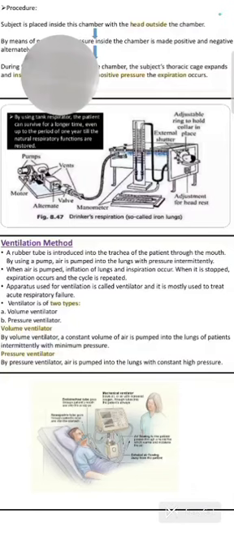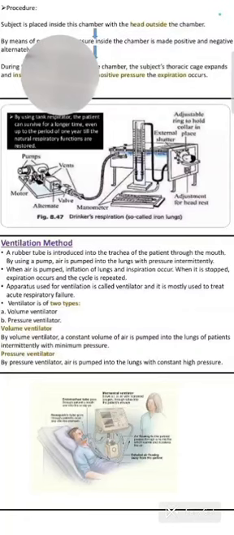If the patient needs ventilation for a long time, other than the manual methods, you can go with the ventilation method. In this technique, a rubber tube, that is the endotracheal tube, is inserted through the mouth into the trachea. Using the pump, air is pumped into the lungs with intermittent pressure.